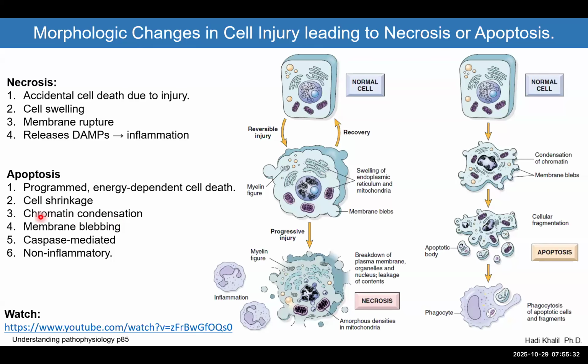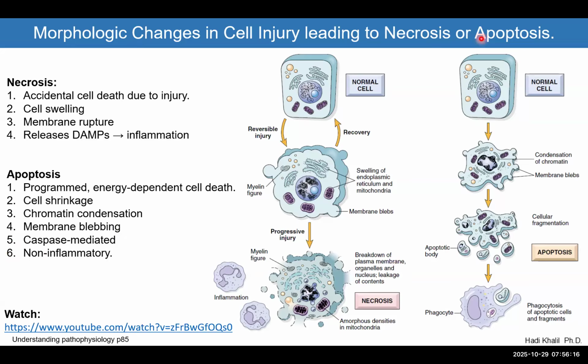There is chromatin condensation, and now you can tell why: because of the activation of those DNases, which cleave the DNA within the cell. Then membrane blebbing is another component, where the cells start to break down into much smaller cellular organelles. It is caspase mediated, so caspase cascades have to be induced in apoptosis, while caspases partially affect necrosis but are not the major trigger. And it is non-inflammatory.